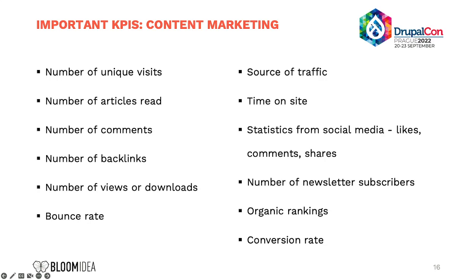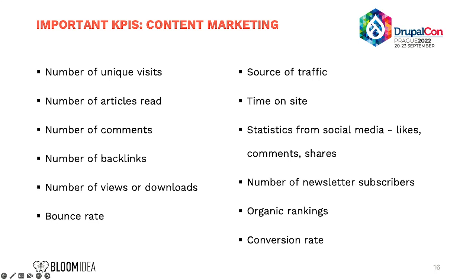For example, for content marketing, it's important to know the number of unique visits to your articles. It means if you have a lot of visits, if they read more than one article on your blog, for example, you are doing a good job.